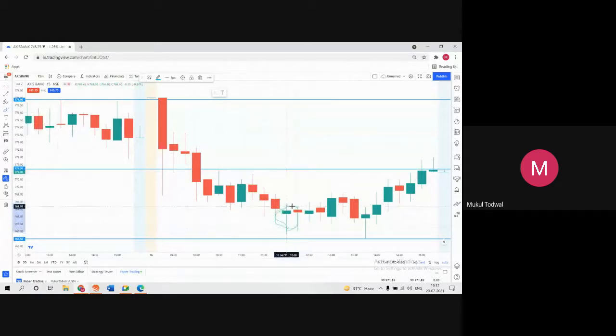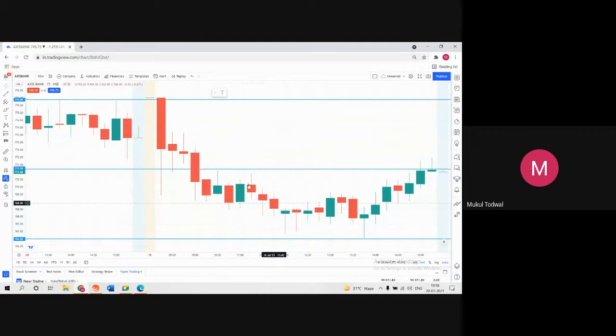What does this represent? See, if we look at this point, what has happened is since the stock was in a downtrend, the bears again tried to take it to this level.